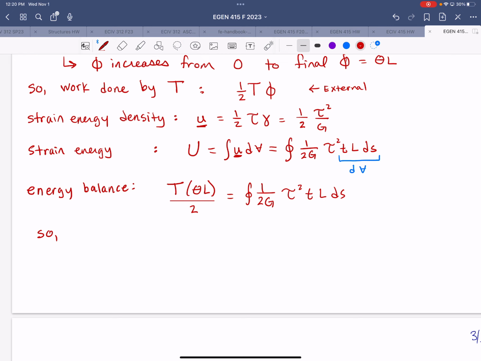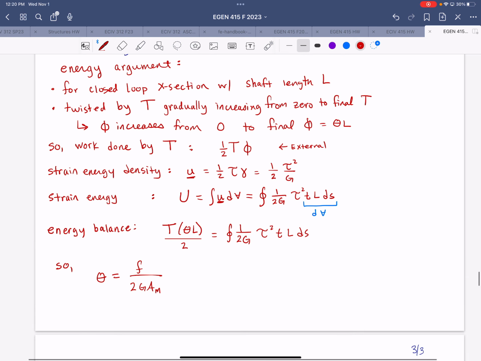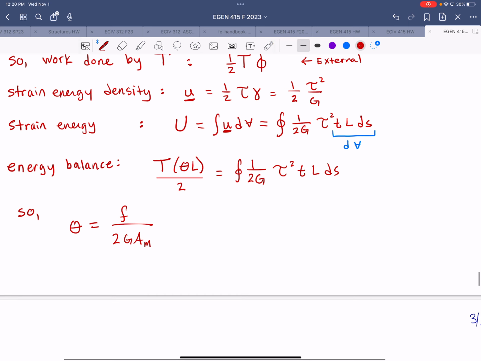So we can solve for theta. Theta is equal to shear flow divided by 2GAM, making some substitutions in the equation there, times the integral over the closed loop of ds over dt.